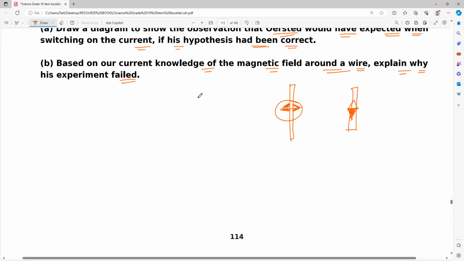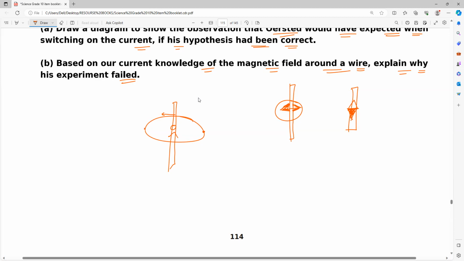When the current is clockwise or anti-clockwise, or passing upwards or downwards, apply the Maxwell's right hand thumb rule, or simply the right hand thumb rule, to find the direction.